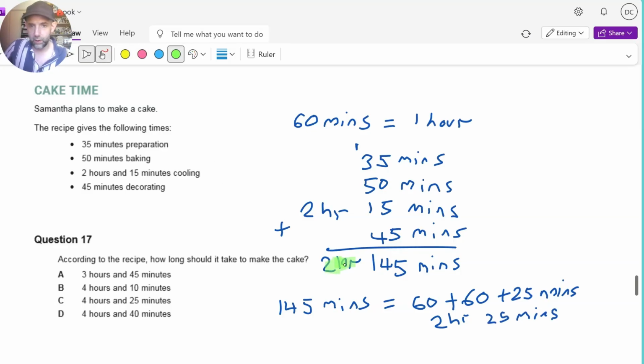I've got 2 hours here. And then I've just converted the 145 minutes into 2 hours and 25 minutes. So in total, 2 hours plus 2 hours and 25 minutes is going to give me option C, which is 4 hours and 25 minutes. So option C is our answer.